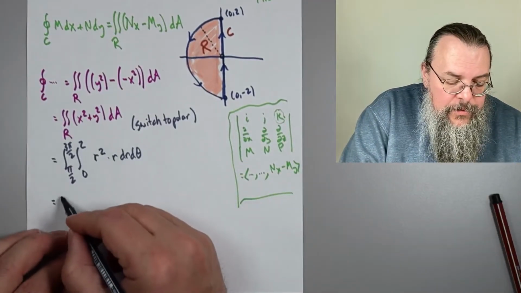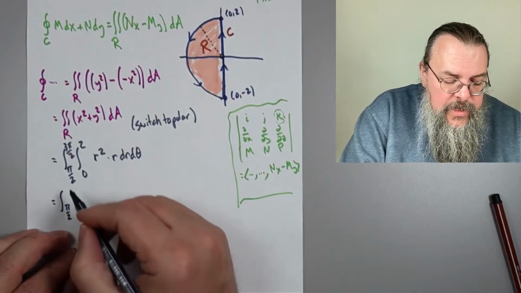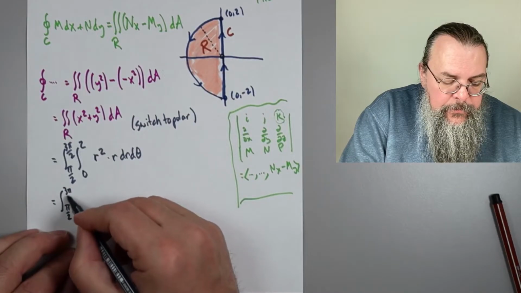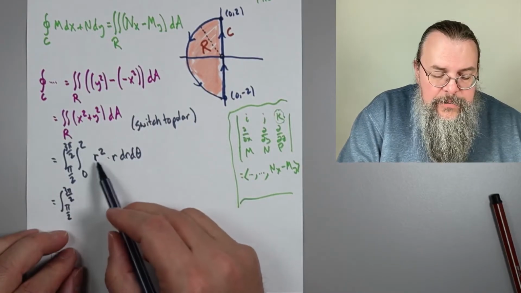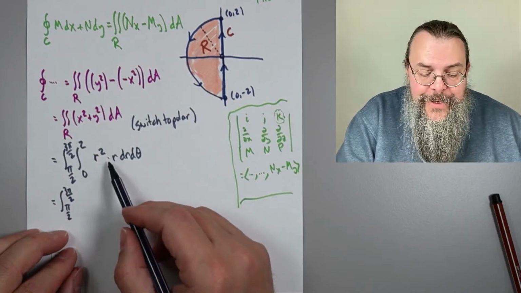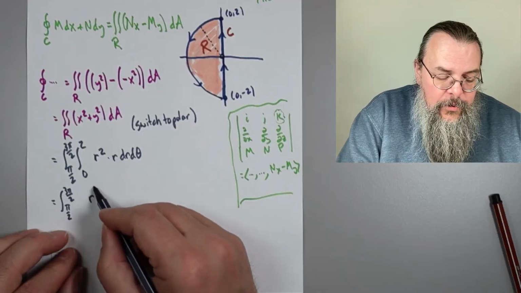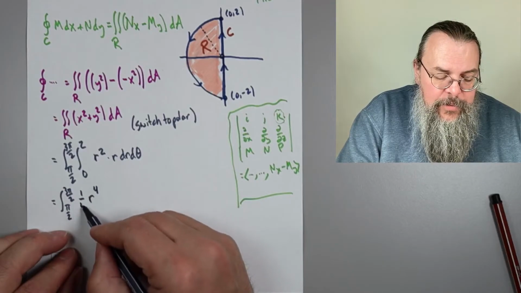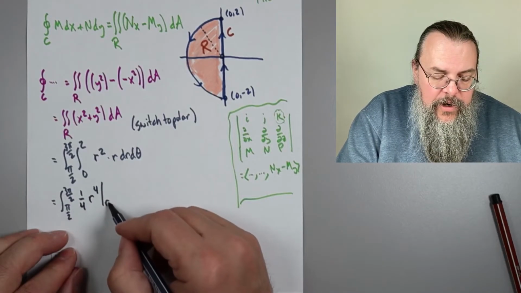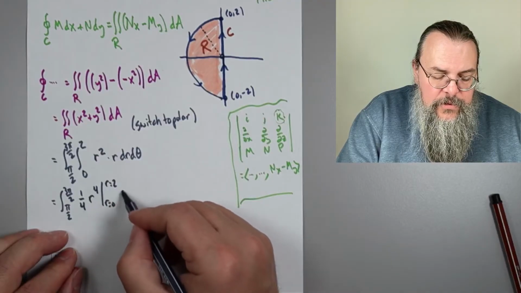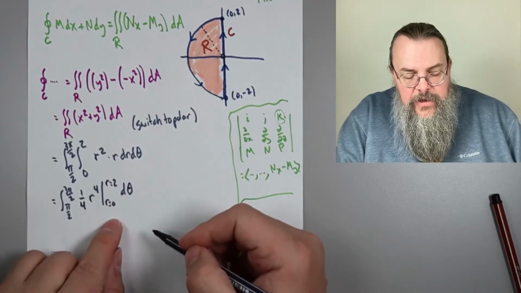So we have the outside, which we'll take care of in a second. And then r squared times r is r cubed. Integrate that with respect to r. Well, that'll become r to the 4th. And don't forget to divide by 4. Evaluate from r equals 0 to r equals 2. Now plug in 0, you get 0.